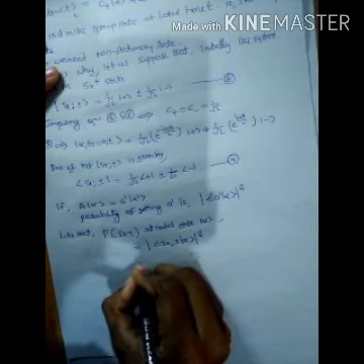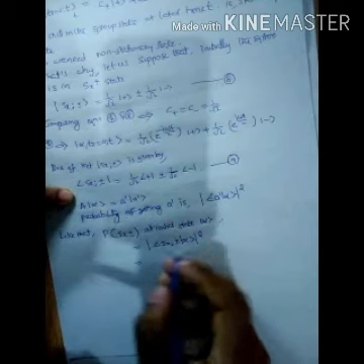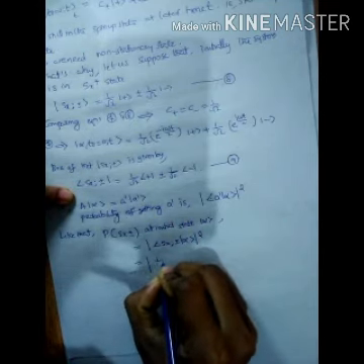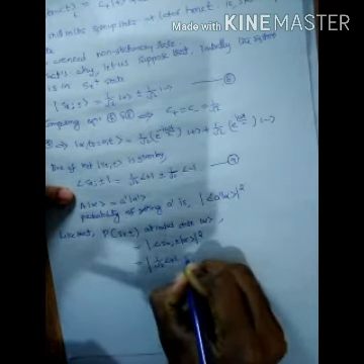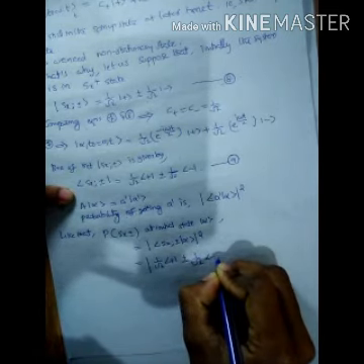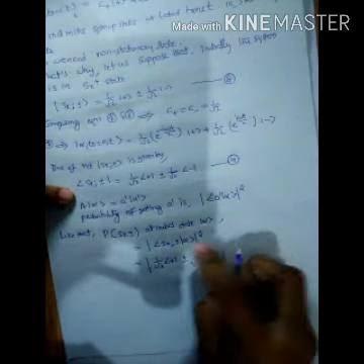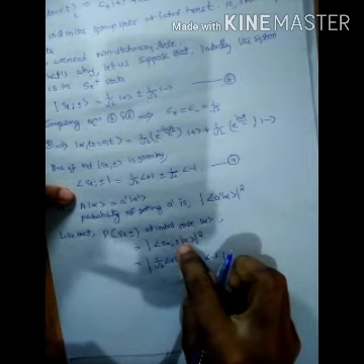And we know the value of bra Sx plus or minus: inside the bracket we put 1 by root 2 bra plus or minus 1 by root 2 bra minus, and then the value of ket alpha.